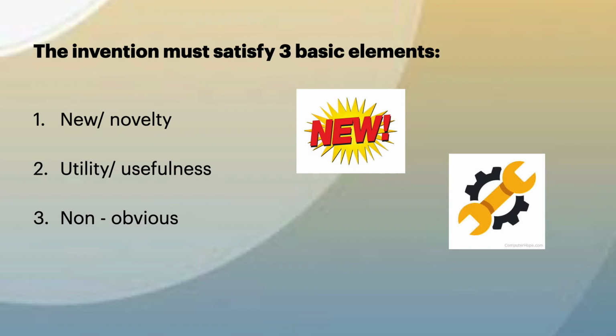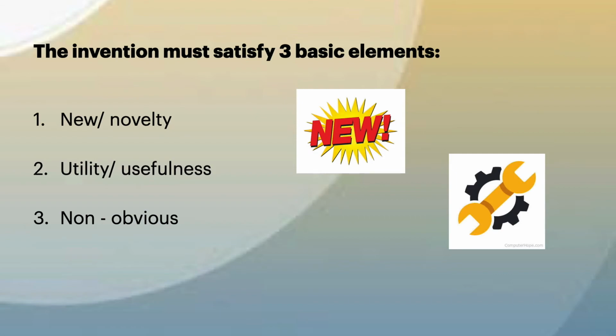It's obvious that everybody would come up with a certain idea or work. Your idea or invention must be non-obvious, right? That means your thought process or your work in a certain invention, machine, or design must be non-obvious. That means you must be the only person to come up with that invention.